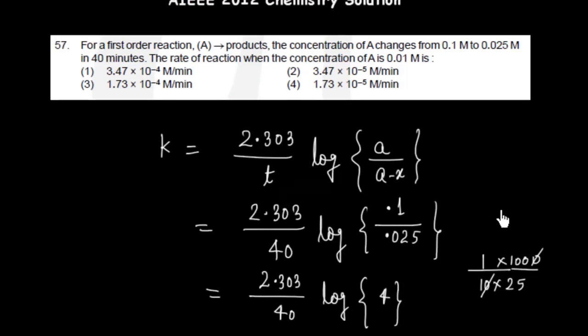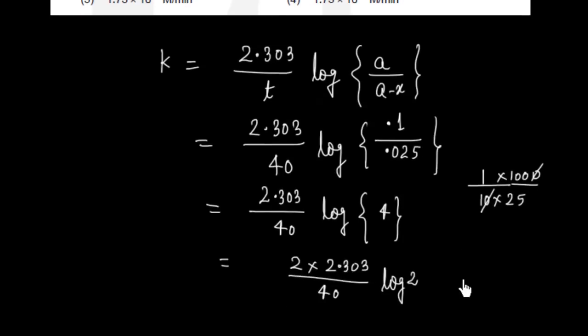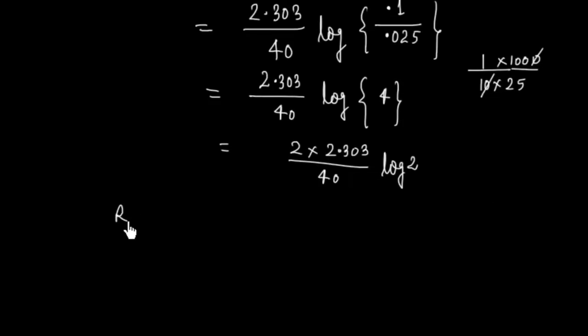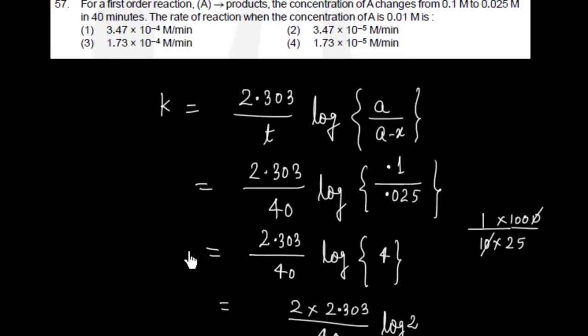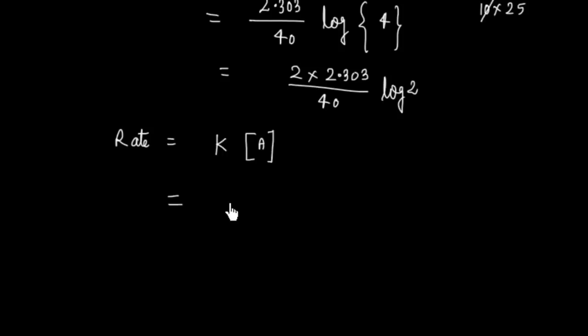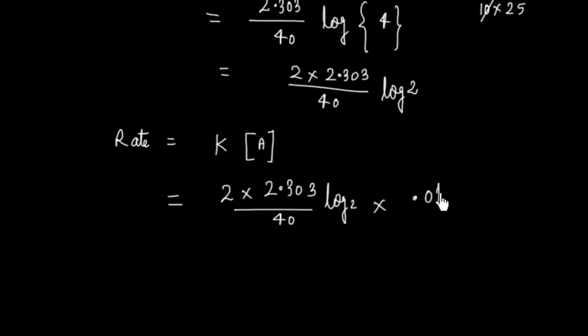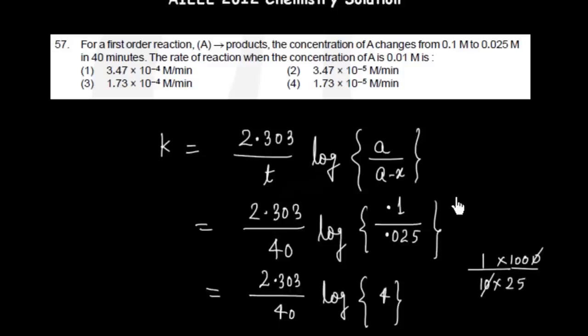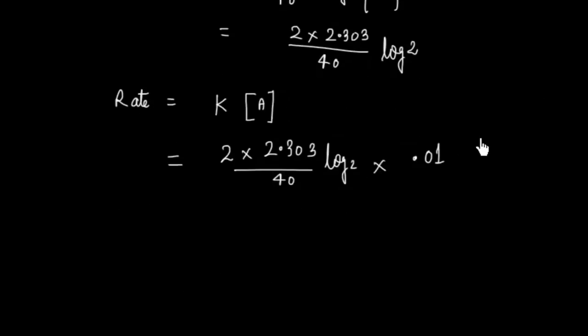Now we have to find the rate of reaction when the concentration is 0.01 M. So rate is given by, for a first order reaction, K times the concentration of A, and the concentration is 0.01 M. So rate will be this rate constant K, 2.303 divided by 40 and log 2, multiplied by this concentration 0.01.